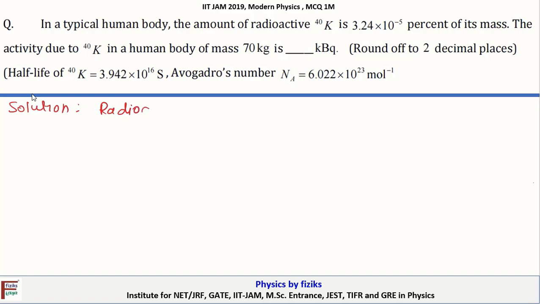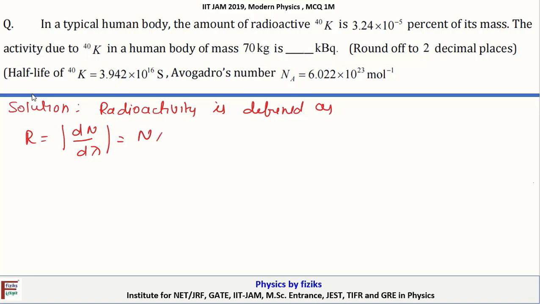Radioactivity is defined as R is equal to dN by dt is equal to N lambda. Lambda is the decay constant, N is the number of nuclei.